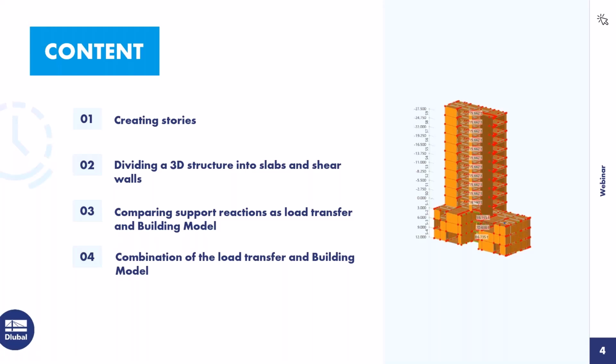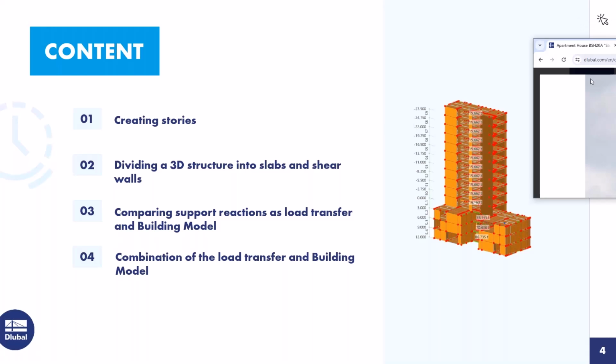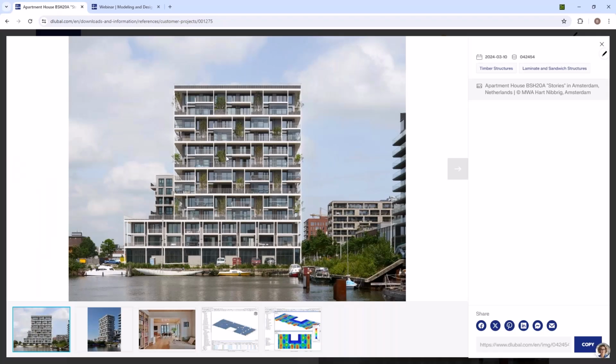Before I start to explain it via the software, via RFEM 6, I want to tell you just a few words about the project that I'm using. You can find the project on our homepage. I did not 100% model it the same way for today, but it is adapted to this building.